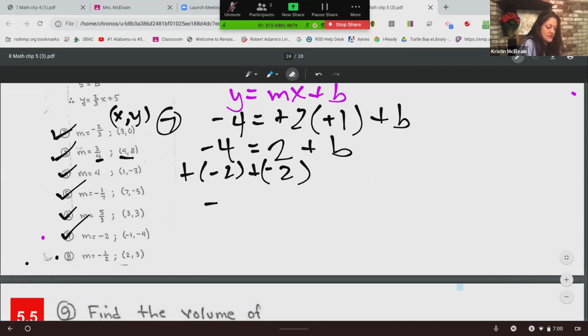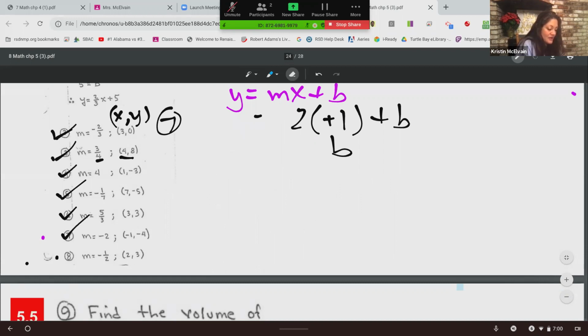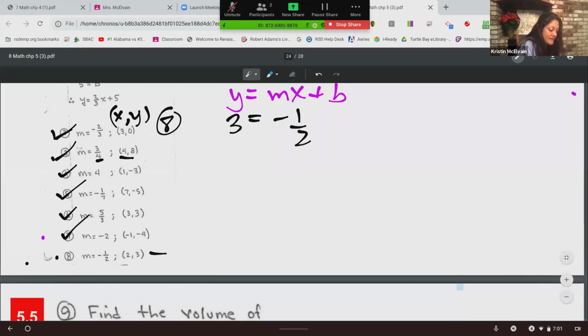Now, on to our last one. Hopefully it's just real easy for you. So this is great. Number 8, we have 3 for our y, our slope is negative 1/2 times our x is 2, plus b. Solve for b.